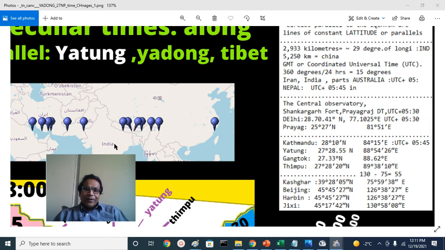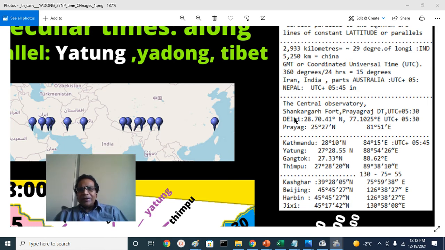5 hours means 15 times 5 equals roughly 75 degrees. And again you add 7.5, that means roughly 81 or 82 degrees east longitude, that is east of the meridian.